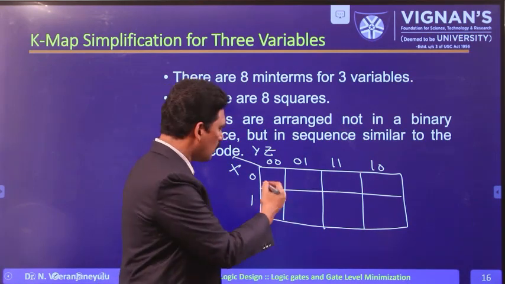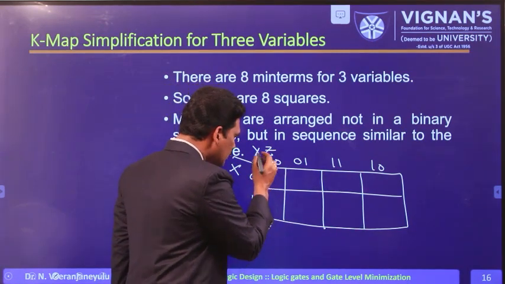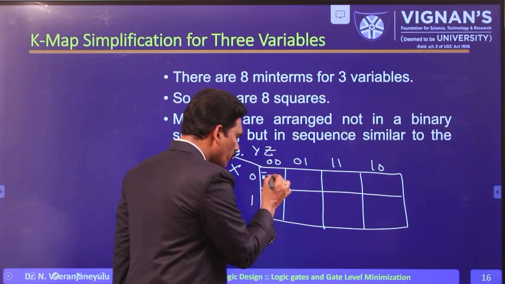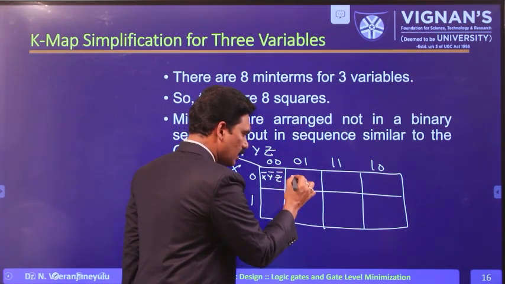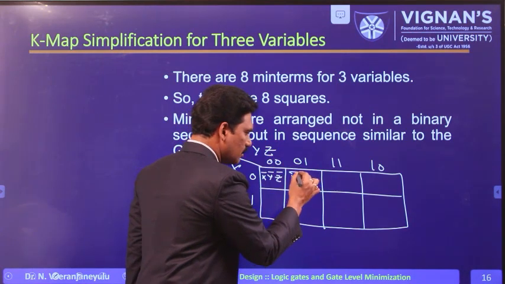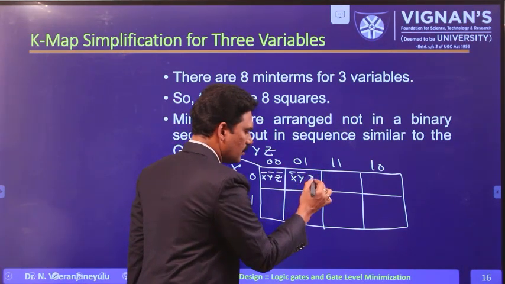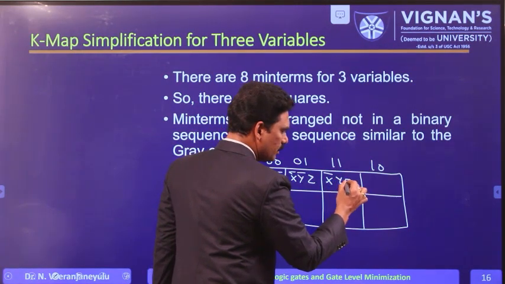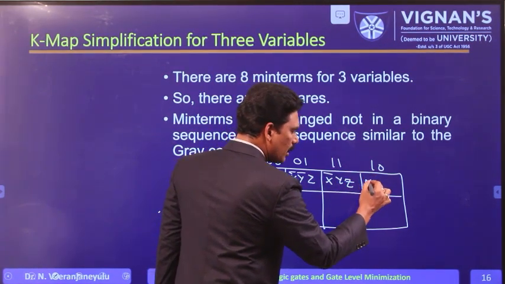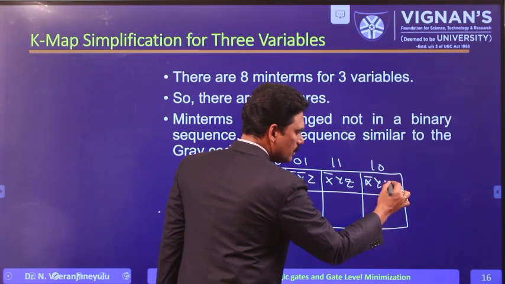See, you write all the values here. This is x bar, y bar, z bar. This is x bar, y bar, z. This is x bar, y, z. And this is x bar, y, z bar.